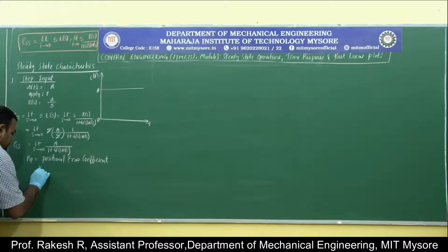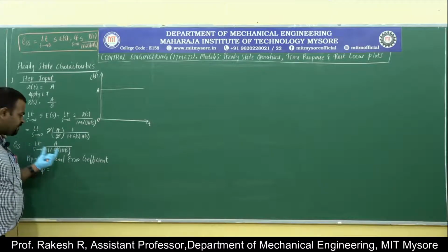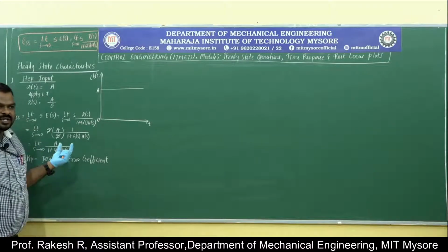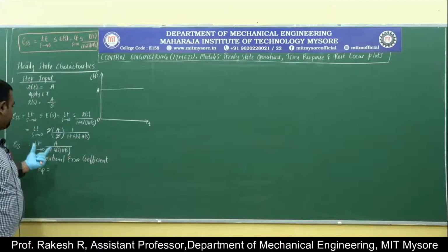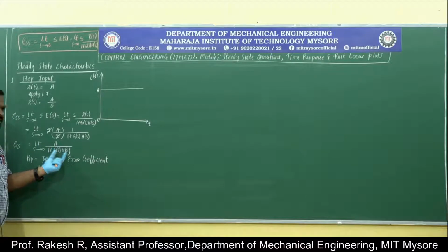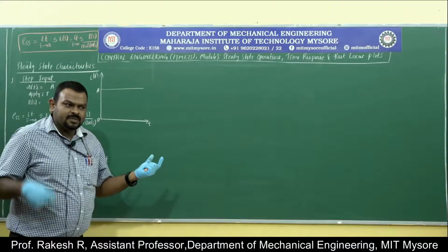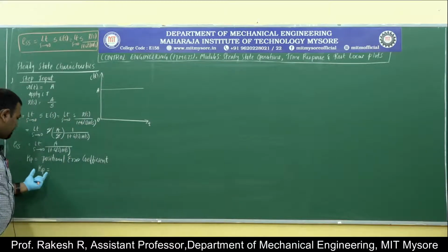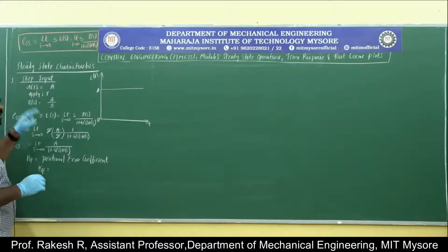Why we have defined this is, if I apply limit of G of S H of S, we don't know what G of S H of S is, that will be given in the problem. So G of S H of S we have to derive. That's why we need limit of S tends to 0 of G of S H of S. So for easier analysis I will be using Kp as a proportionality constant for step input.